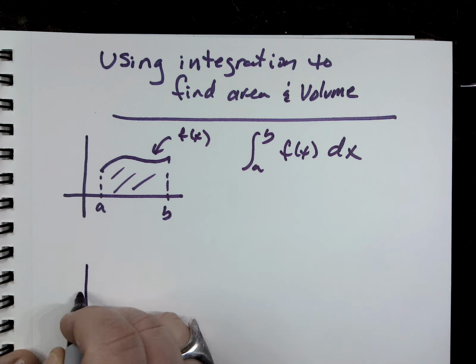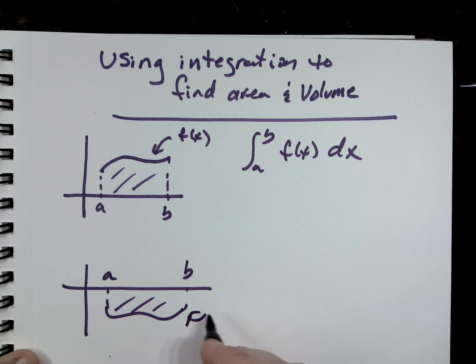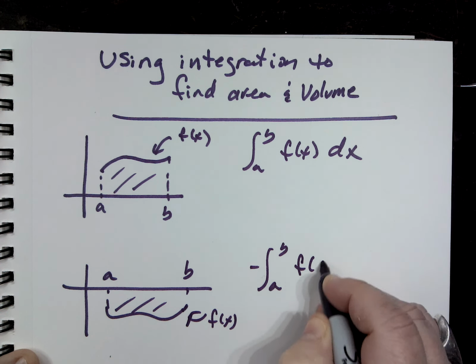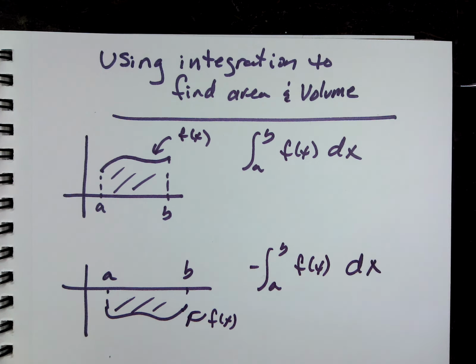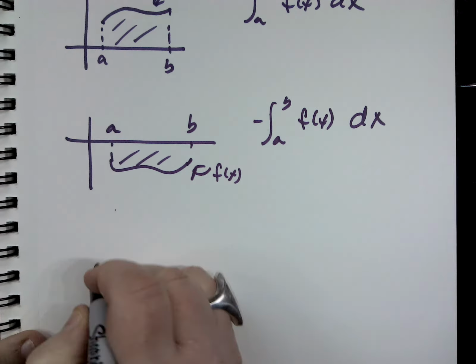And if the curve fell underneath, when we integrated, we would get a negative number. So to find this area, we would have to say negative the integral from a to b of f of x dx. So what if we have two functions?